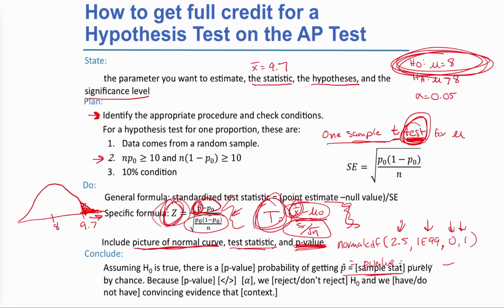Because your p-value is either less than or greater than alpha, we either reject or don't reject the null, and we either have or do not have convincing evidence that whatever the context is. You will learn to be able to say this in your sleep.